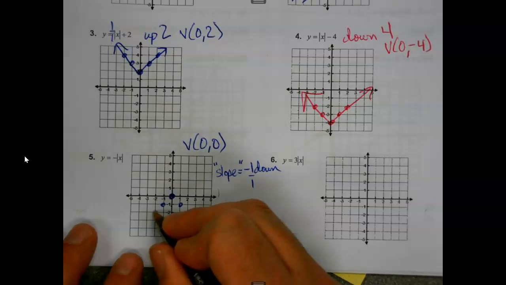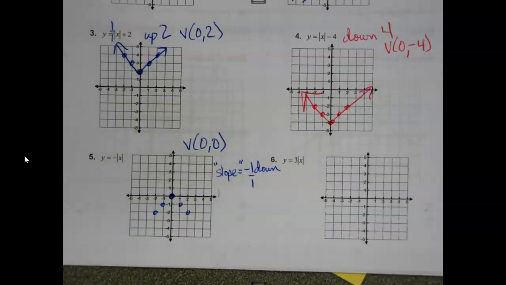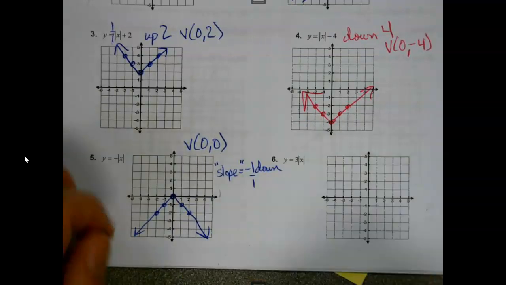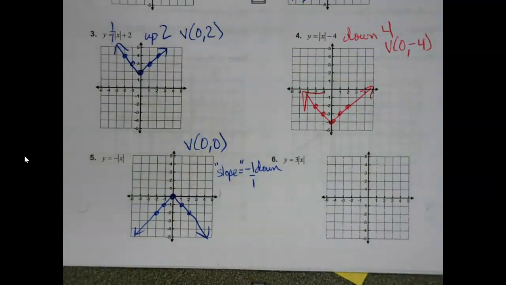Down 1 and over each way. It just flips my graph. Sometimes that'll be called reflecting about the x-axis, because it looks like I just took the graph from above and reflected it like I was looking in a lake or a mirror. But otherwise, that one stayed the same.